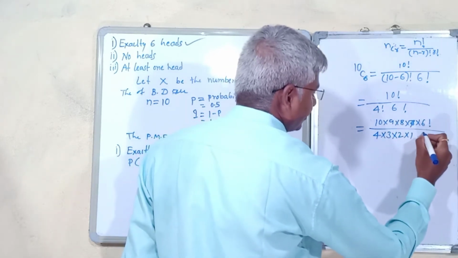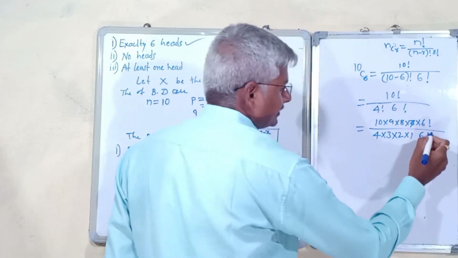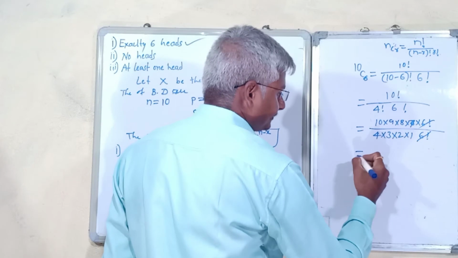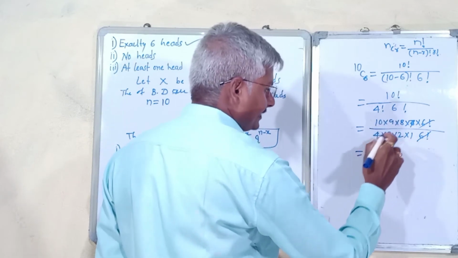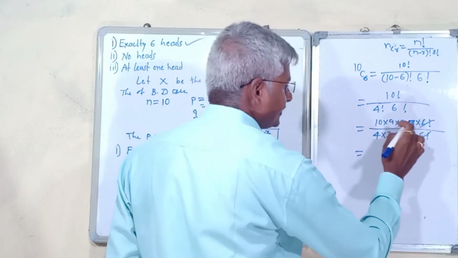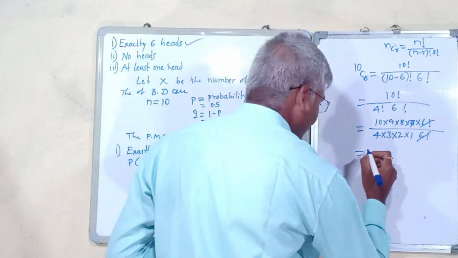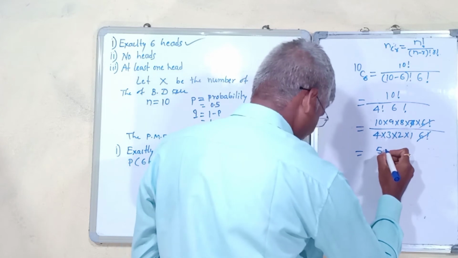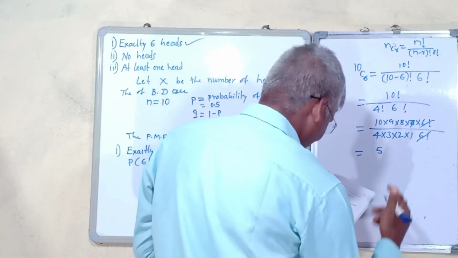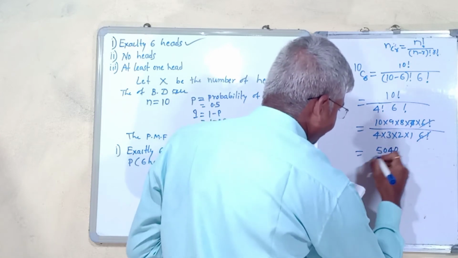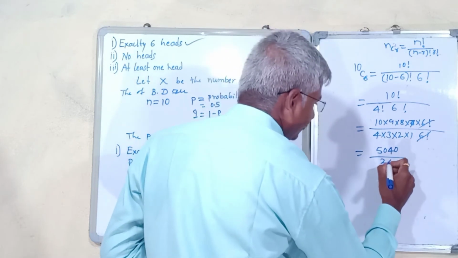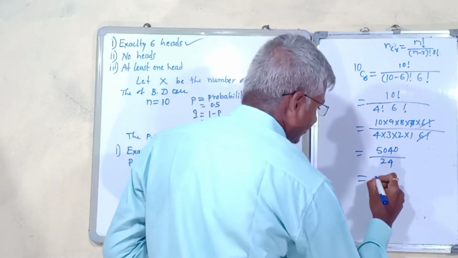Then again 6 factorial is there; this 6 factorial and that 6 factorial cancel. You can multiply all these numbers: 10 into 9 into 8 into 7 is 5040, and 4 into 3 into 2 into 1 is 24. The answer is 210.